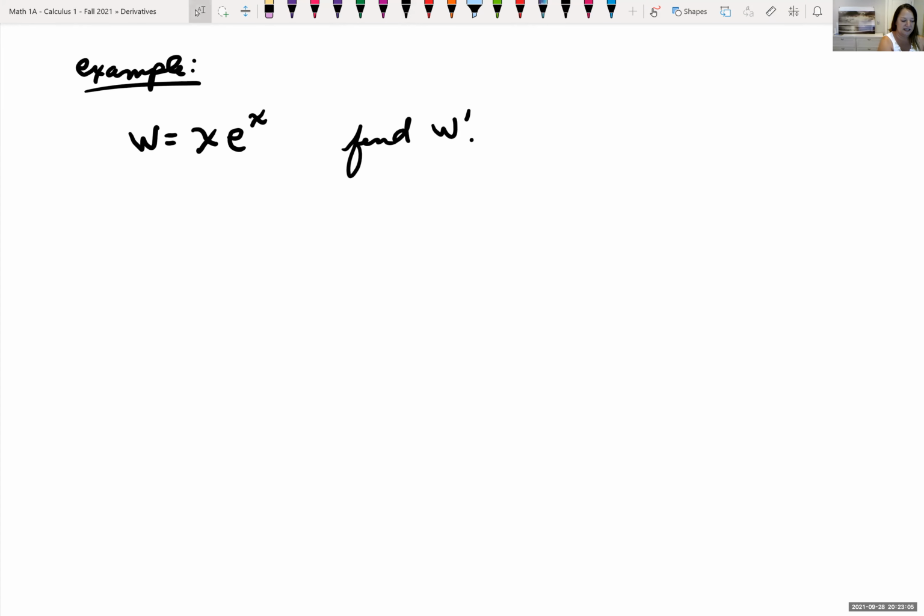Okay, so I notice in here that I have a product of two functions. I have this x, and then I have this times e to the x. And so I know I'm going to need to use my product rule.